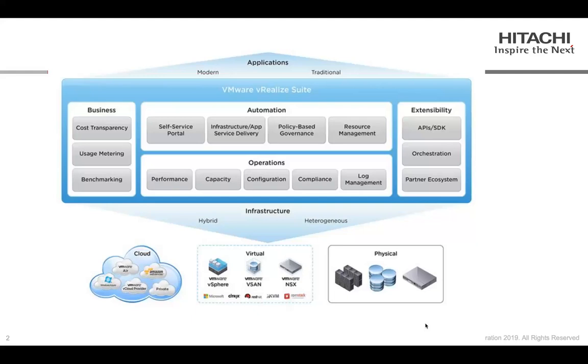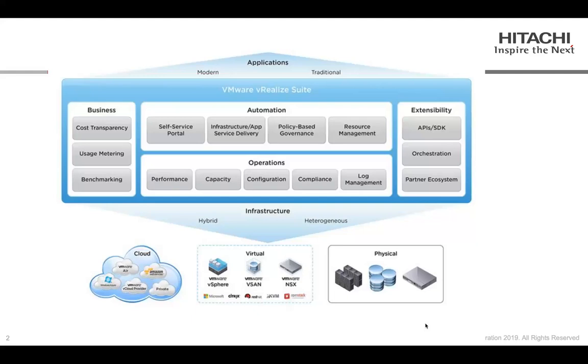So if we move up a layer here, it's broken out into these components, where you have operations, which is vRealize operations, and automation, which is vRealize automation. And then you have another business suite component that can plug onto that, and it could give you chargeback and costs and projections and things like that. So it's a very comprehensive tool to help you manage both your public and your private environment, and it's heterogeneous.